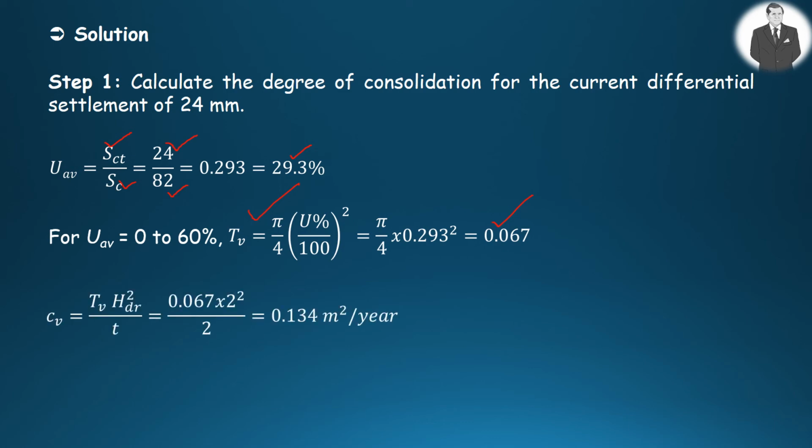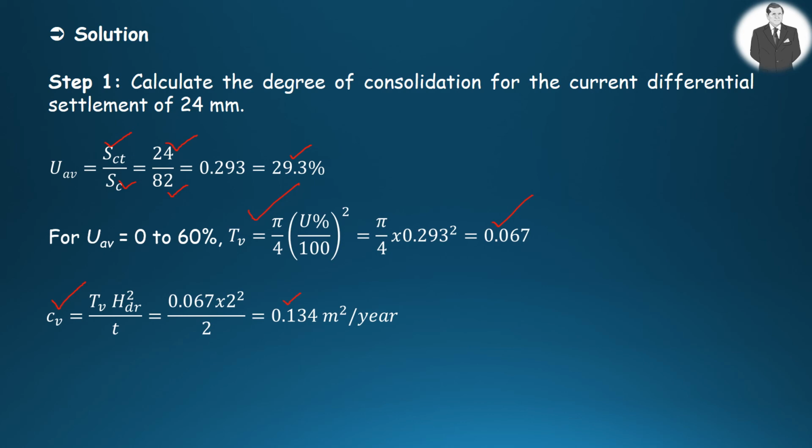Based on the time factor, drainage path, and the time for settlement, the coefficient of consolidation of the clay layer beneath foundations can be estimated, which is 0.134 square meter per year.